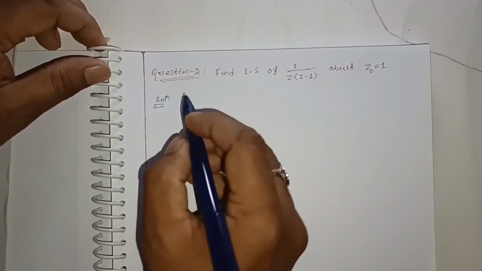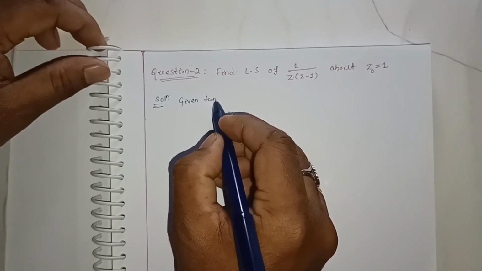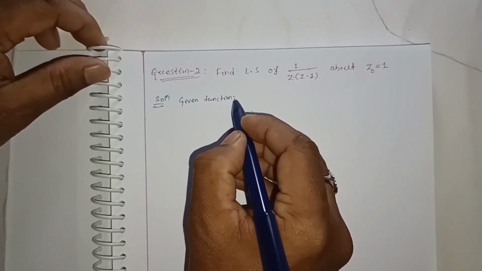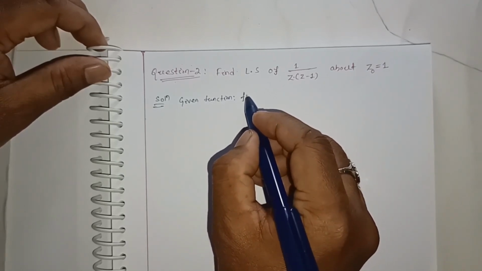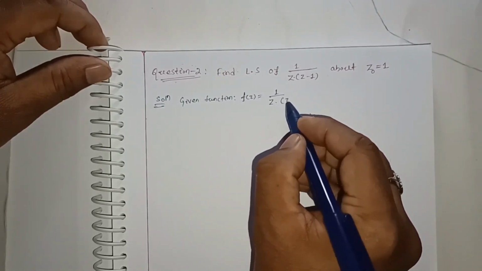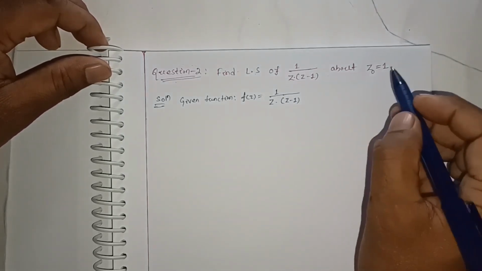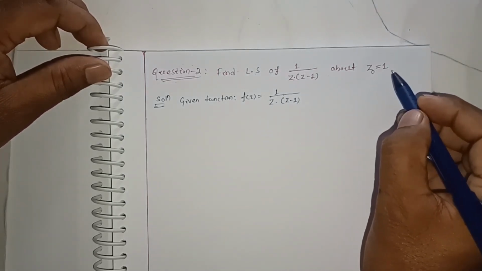Solution here starts. The given function is f(z) equal to 1 by z into z minus 1, for which we have to find the Laurent series about z0 equal to 1.